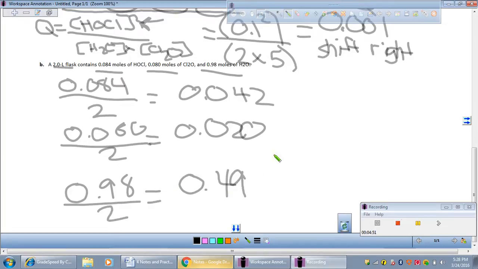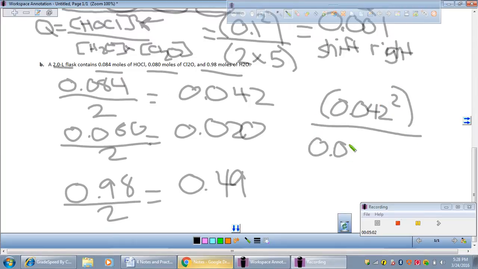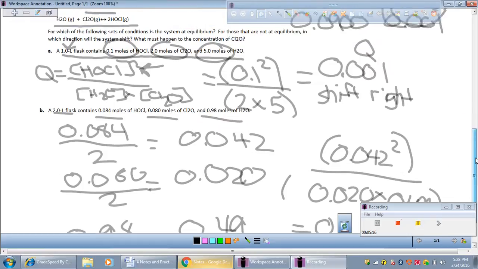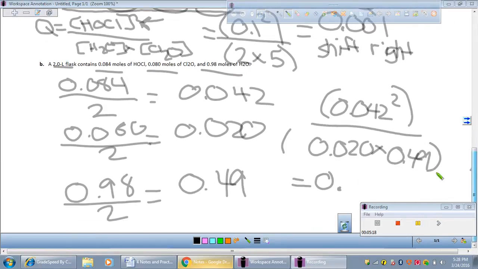All right, so we now have our molarities that we can plug into our Q equation. So we're going to do this. That you get for Q, this time you actually get 0.090, which is the same as our K.